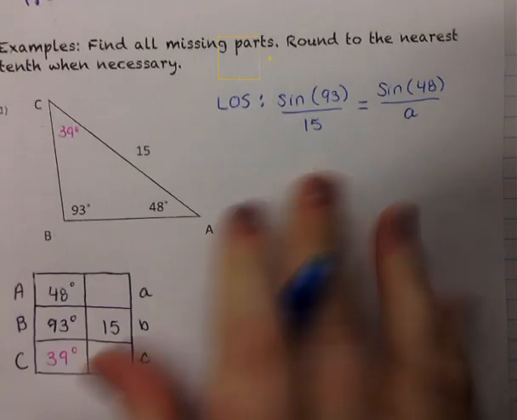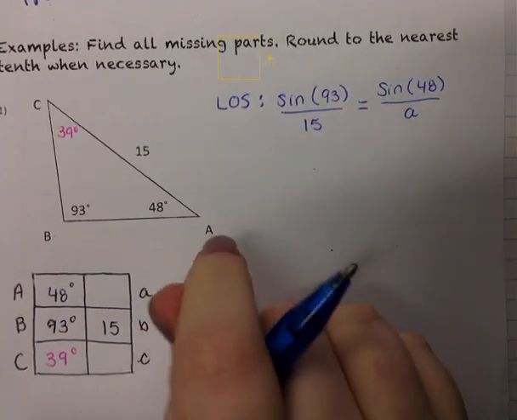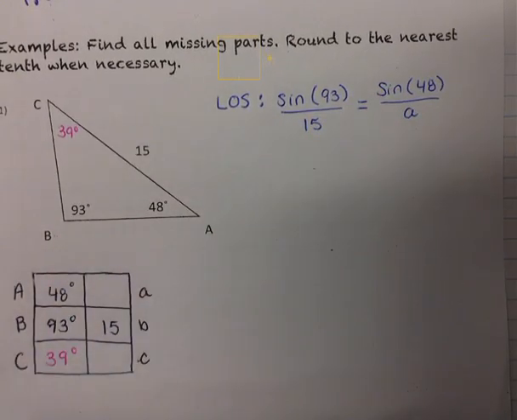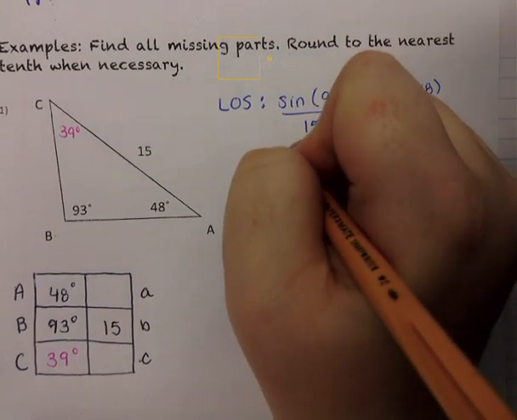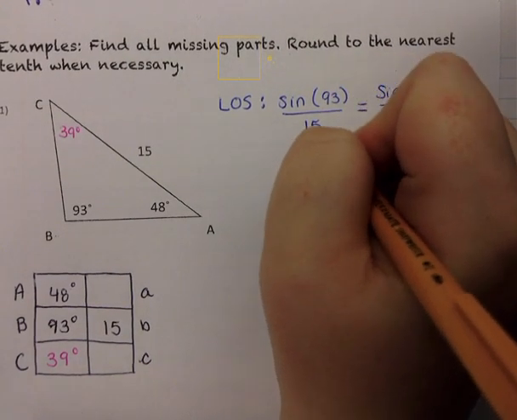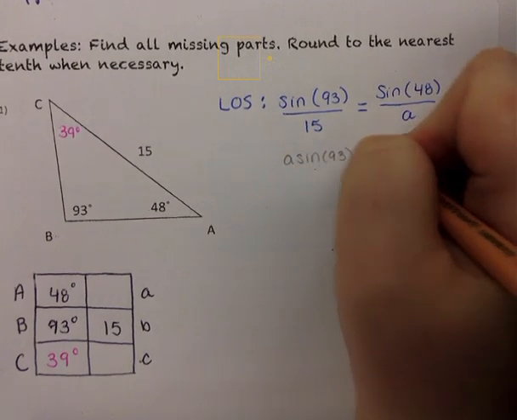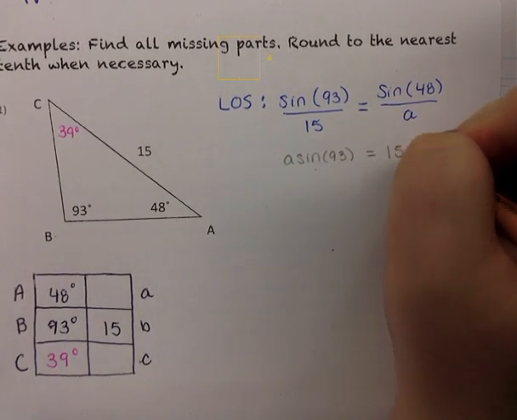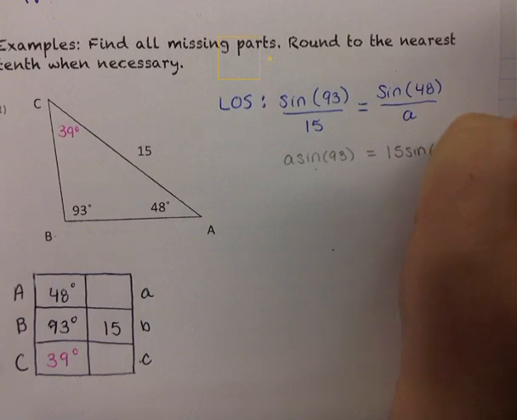Now I'm just going to cross multiply and solve. So in order to do this, I would cross multiply, I would get a times sine of 93 is equal to 15 times sine of 48.